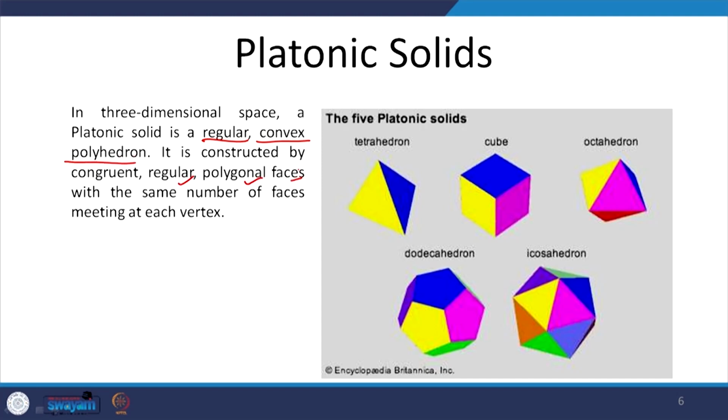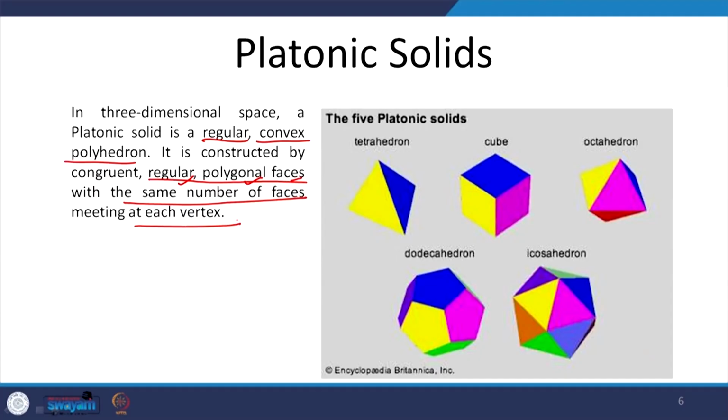So it is not essential that it has rectangular faces or triangular faces. It is regular polygonal faces with the same number of faces meeting at each vertex. So at each vertex there will be some given number of these polygonal faces and that will be generating the polyhedron solid.